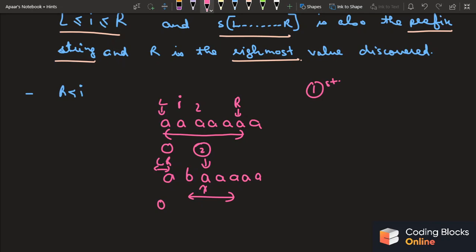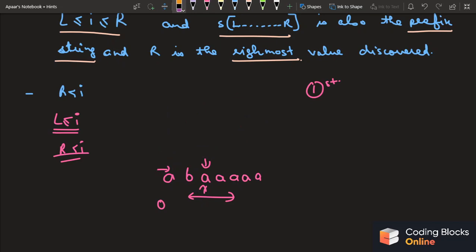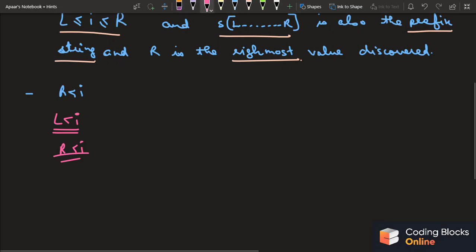If it does not lie inside L to R, and L is less than or equal to I always, then what does it mean? That R should be less than I. Whenever I move on to a next index, of course L will be less than I, not even equal to, because whenever I try to match with an index I, I make L equal to I, and then I try to match with the prefix.